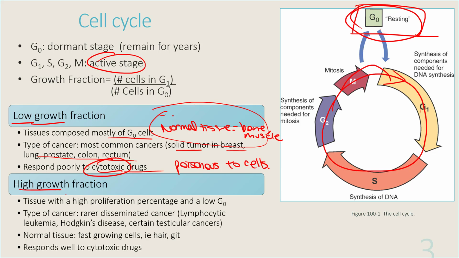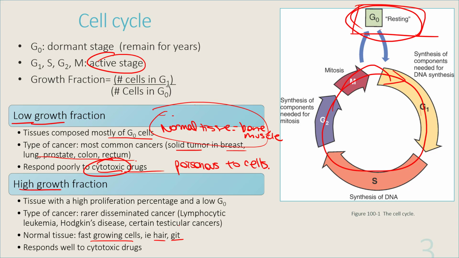Tissues that have high growth fraction include fast-growing cells, so your hair, the epithelium in your digestive tract, so in your mouth, in your esophagus, in your stomach, and throughout your digestive tract.